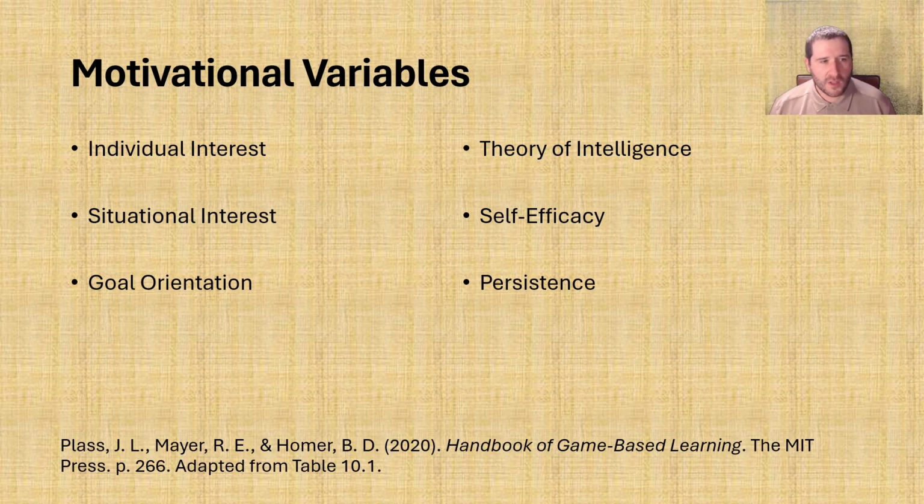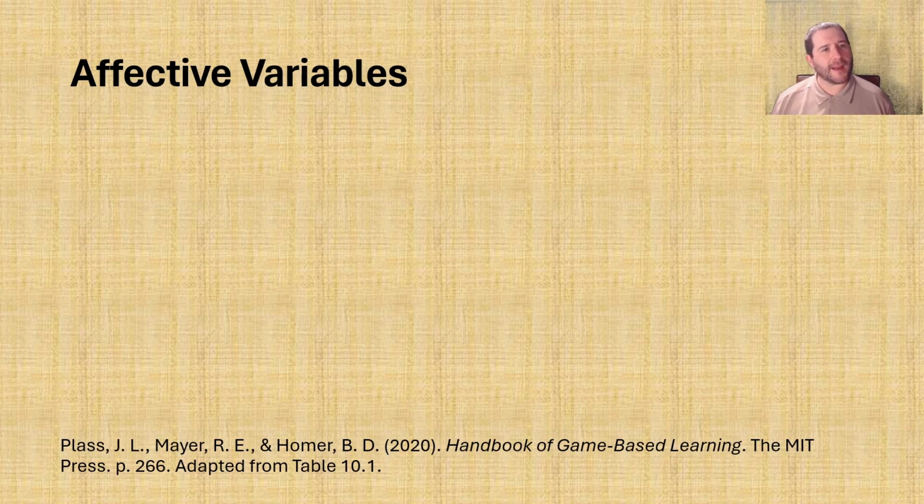These are all tools that the game can probe and pull at or guess at to try to figure out what our learner needs and what will put our learner in the best position to learn and to continue playing this game.